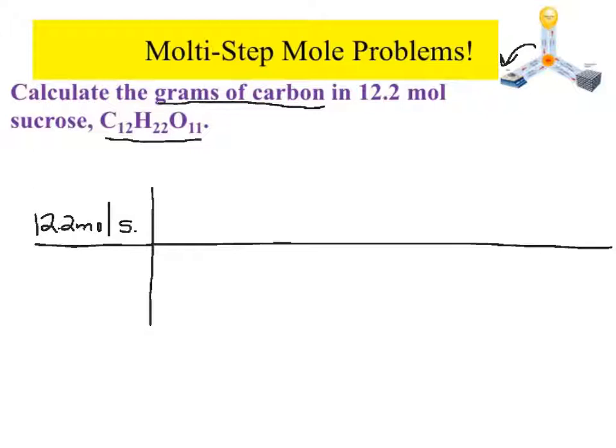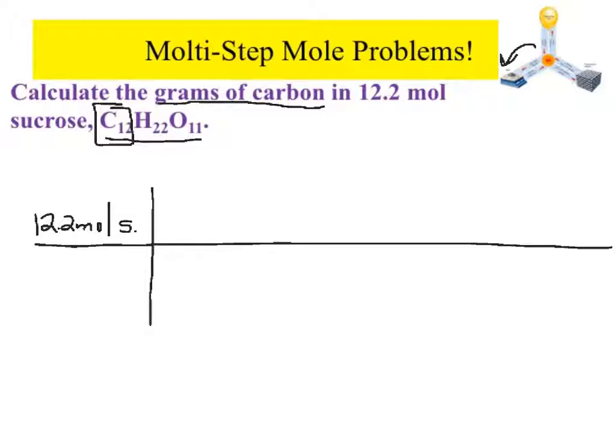So first I need to go from moles into grams. But first I want to narrow down my compound that contains more elements than just carbon into carbon. So looking at sucrose, I see that there are 12 carbons in here, and I want to isolate those. So here's how I do it.